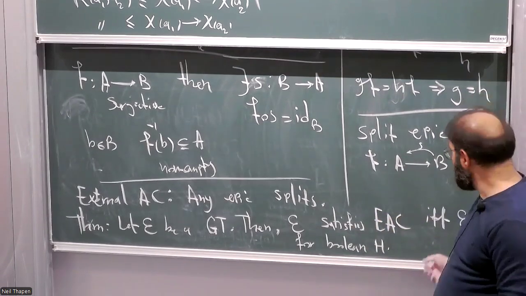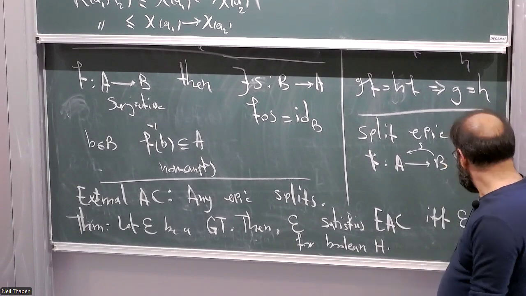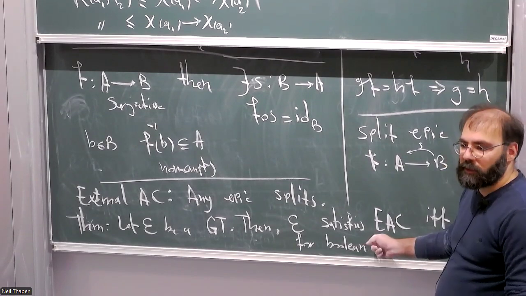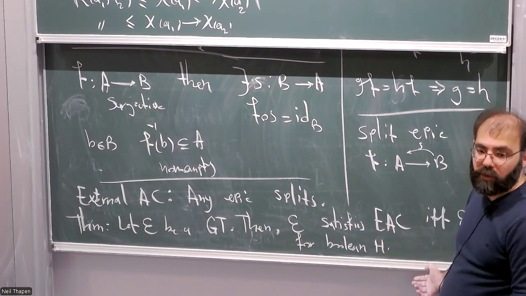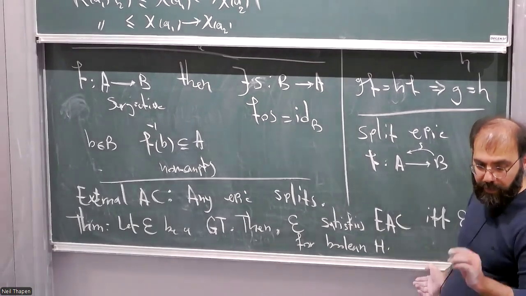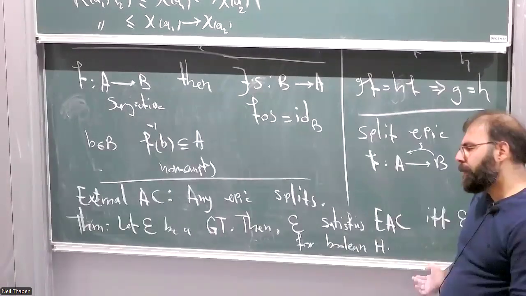So if you have some H, which is just a complete Boolean algebra, whatever it is, and you construct your H sets, then you have the external axiom of choice. Is there a characterization like this? No, the Booleanness is a crucial thing.